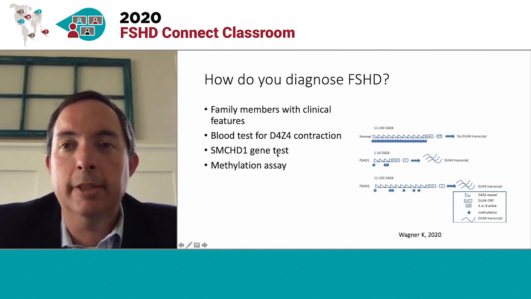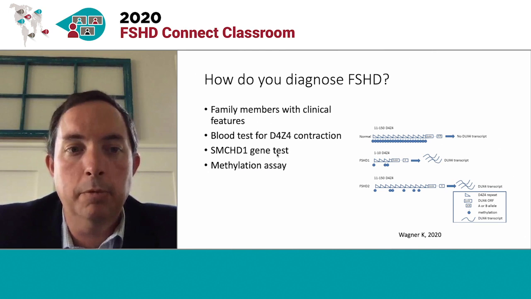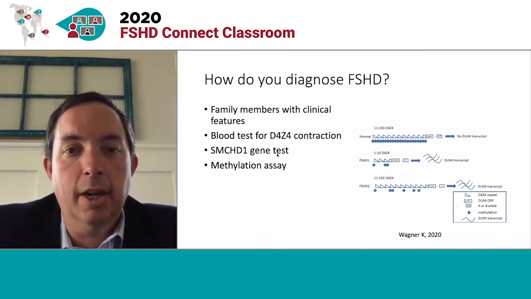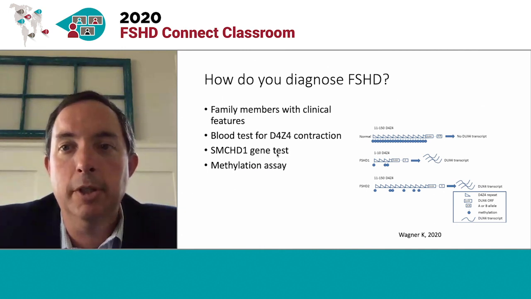Sometimes, if that's negative, people will move to doing an SMCHD1 gene test. And I will say, as of the time of this recording, that there's a couple different free programs for all muscular dystrophies, and within those free programs, the SMCHD1 gene test is included in a number of them.